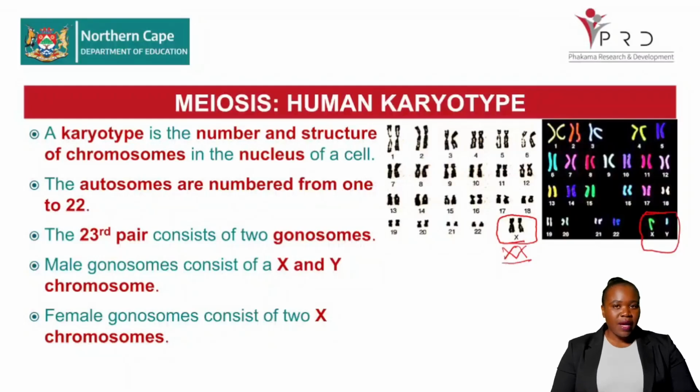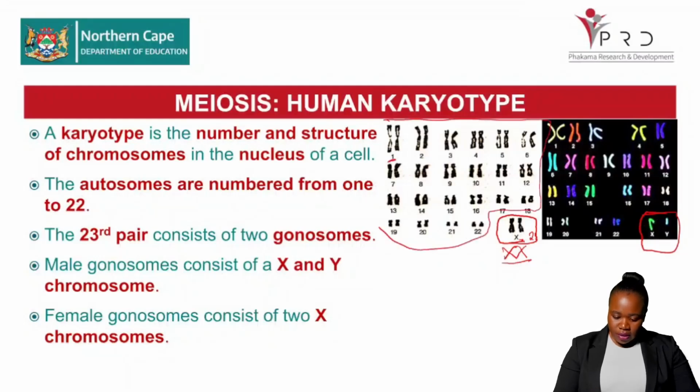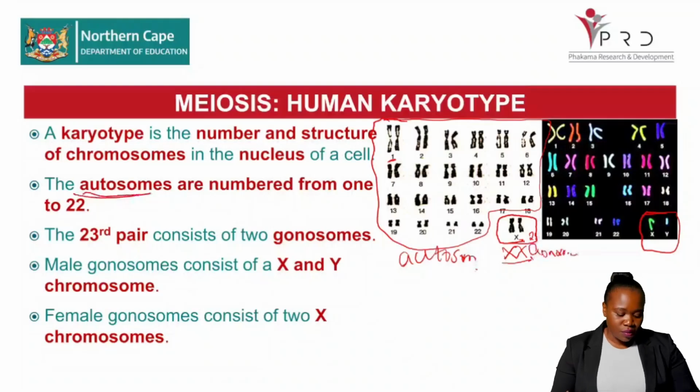Right, how many pairs of chromosomes do we have? We have 23 pairs, right? From pair number 1 up to pair number 23 on both, as we can see there. The 22 pairs, these are referred to as autosomes, right? And then the last pair, they are referred to as the gonosomes or the sex chromosomes, right?